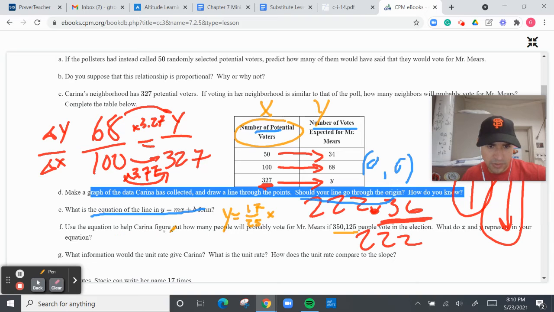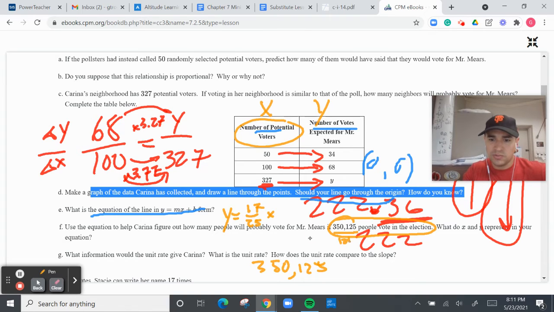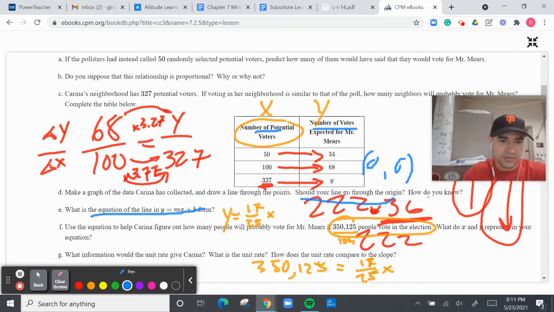Use the equation to help Karina figure out how many people will probably vote if we have 3,500,000 total. So 3,500,000 is our total, equals 17/25 x. And what we want to do here is solve. I solve by multiplying by 25 divided by 17.